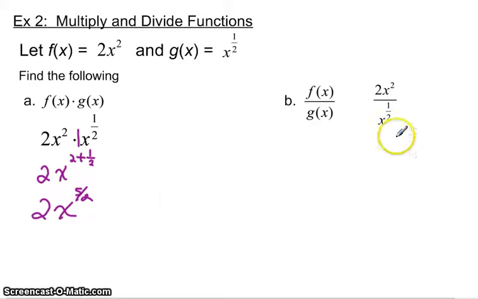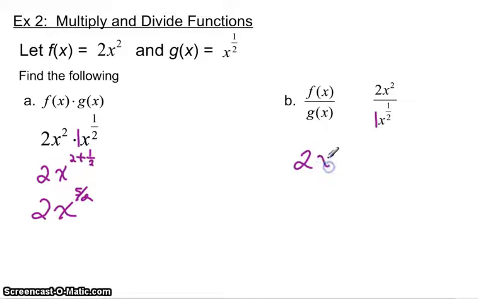Let's look at division. f of x divided by g of x. So I have 2x squared divided by x to the 1/2. Well, this would be a coefficient of 1, so 2 divided by 1 gives me 2. The bases are the same, and when I'm dividing, I can subtract their powers.